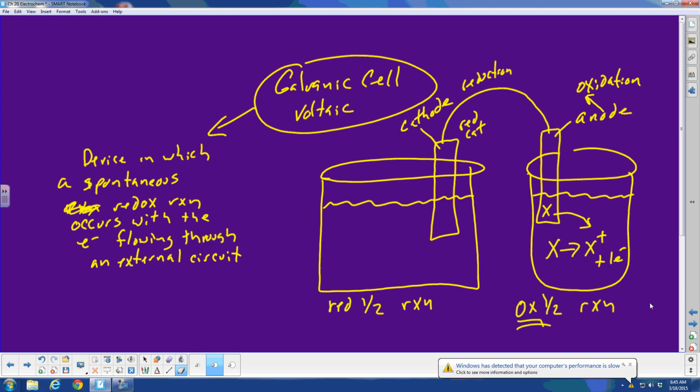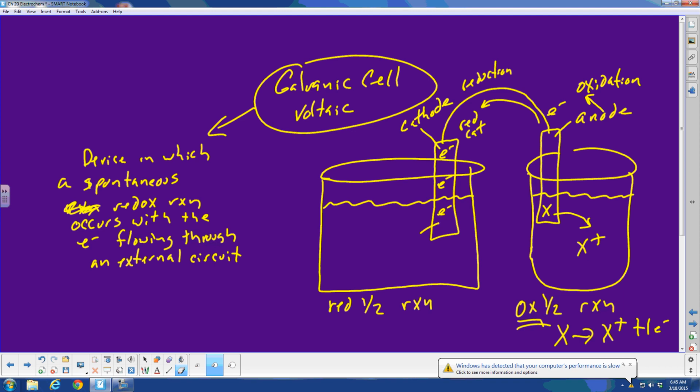Oxidation: X goes to X plus plus 1 electron, right? So my X is a solid, and it goes into solution as X plus, and it creates an electron. And where does that electron go? It flows through my external circuit over to my cathode.